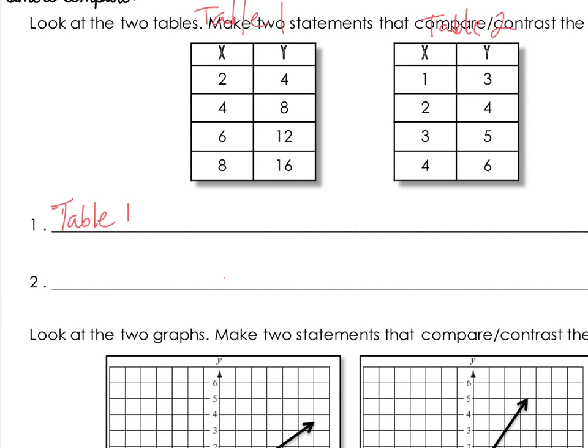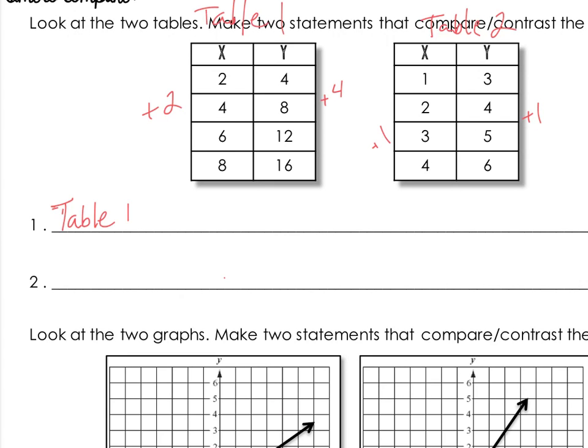Its y values go up by 4 each time: 4 plus 4 is 8, 8 plus 4 is 12, 12 plus 4 is 16. So our x values are going up by 2, and our y values are going up by 4. On table 2 our x values are going up by 1. What are our y values doing? Our y values are going up by 1 as well.